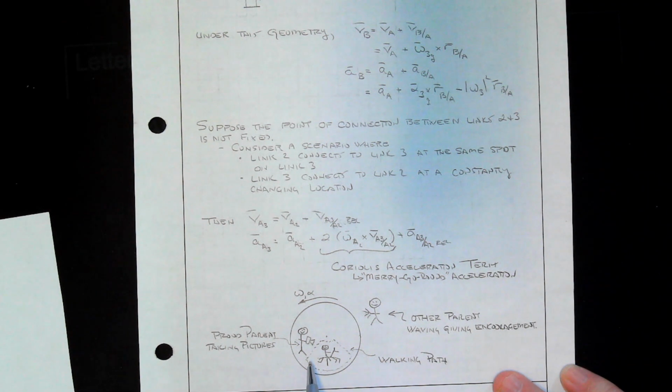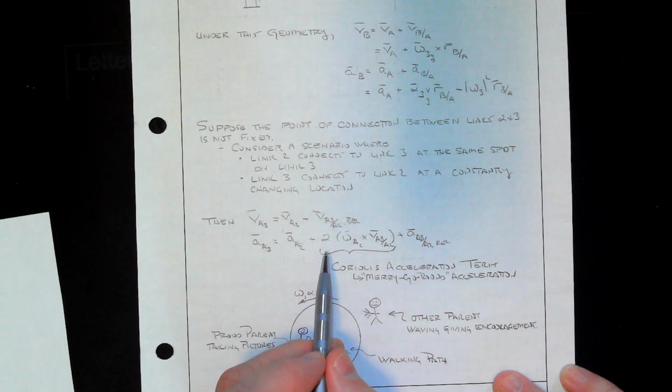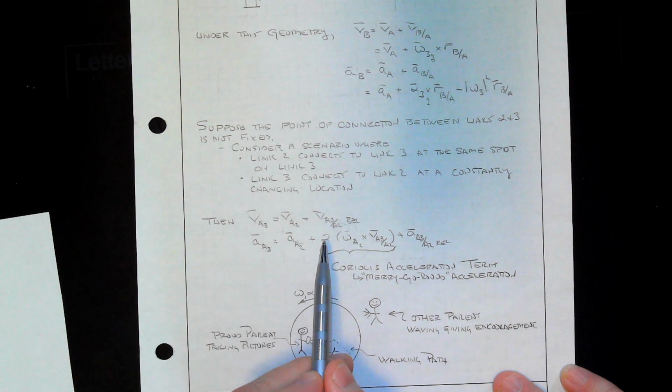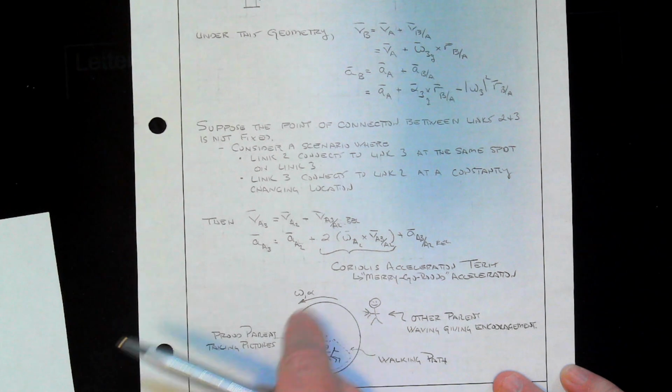But we need to make the jump then from 2 to 3, and that's done by the following. This is the Coriolis acceleration term. It's 2 times the cross product of omega A2, so the merry-go-round.